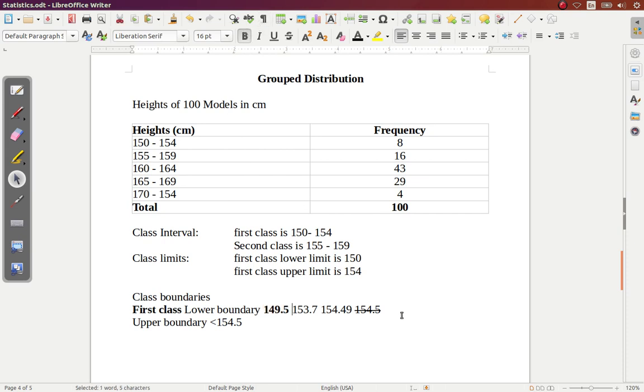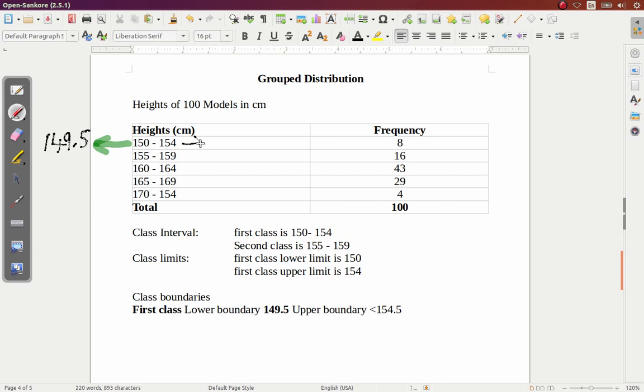Now the upper boundary for the first class is less than 154.5. Again, remember, you could have measured as low as 149.5.